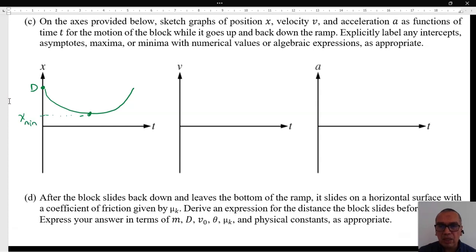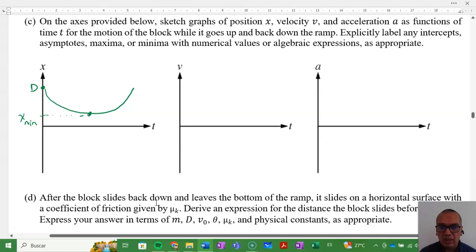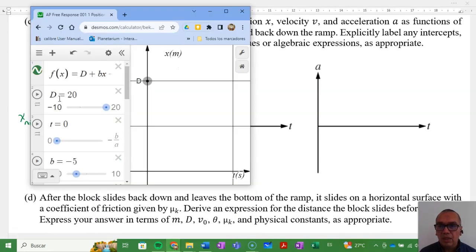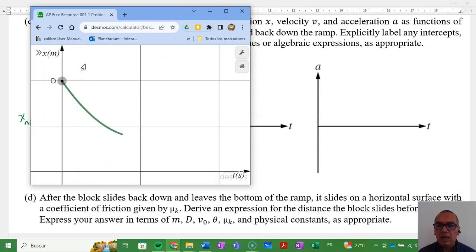Now we can actually look at this in a dynamic way by considering this graph. Look at how, as time goes by, the graph starts at positive d, moves downwards until it gets to the minimum position, and then it moves upward.